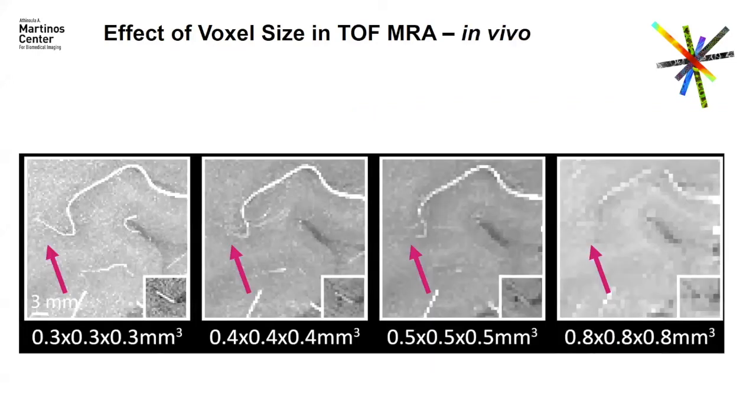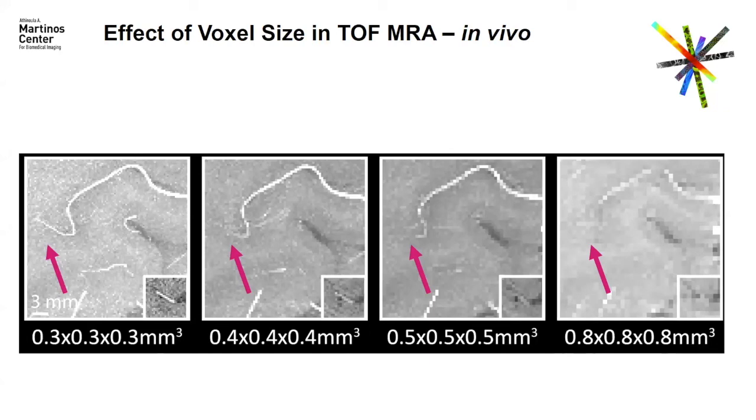And we could confirm that in vivo. You see how this small vessel starts to appear if you go from right to left, or it vanishes when you go from left to right. The only parameter in that acquisition that changes is the resolution. Everything else stays the same. That shows us that the blood flow is still sufficiently fast, but we just cannot resolve or get a good contrast for the small vessels.